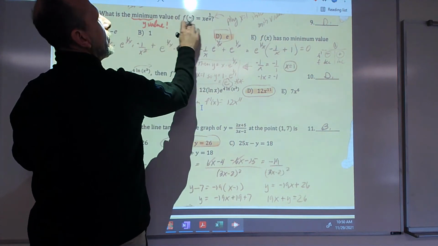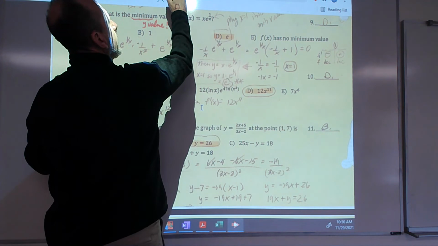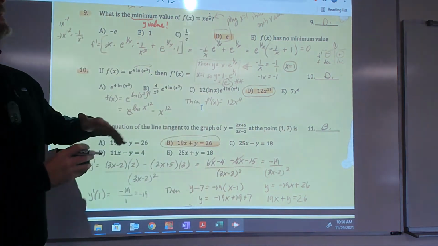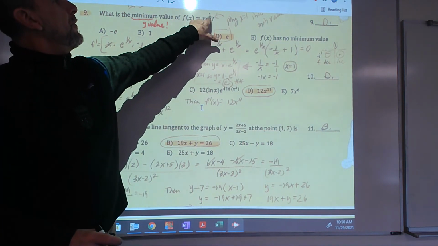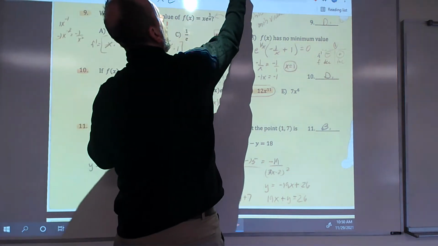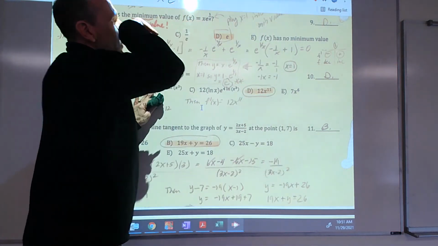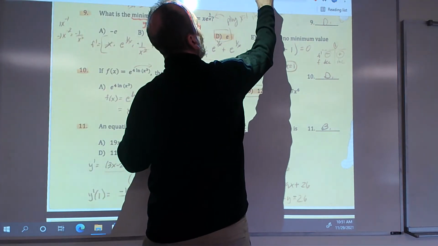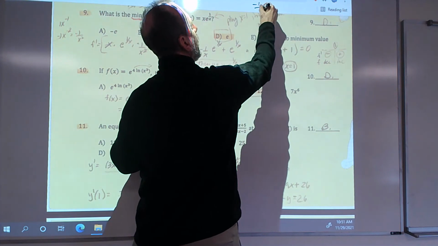First times the derivative of the second. The derivative of e to the stuff is e to the stuff times the derivative of the stuff. What's the derivative of 1 over x, or x to the -1 power? The derivative of 1 over x is -1 x to the -2, which is really -1 over x squared.